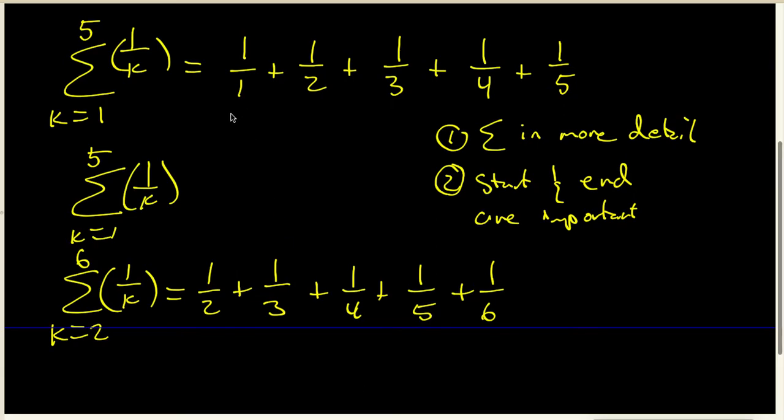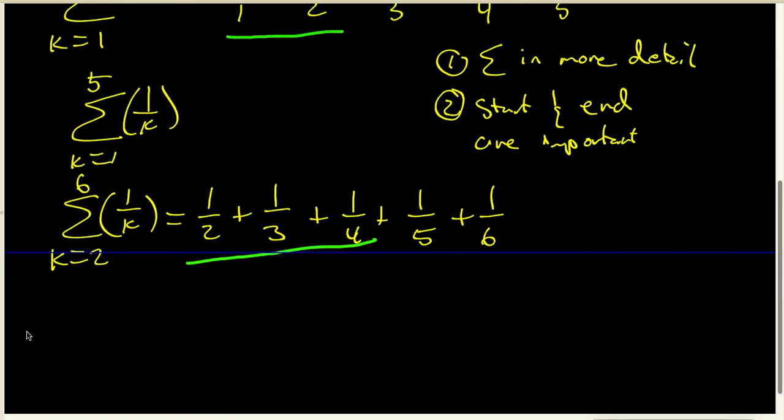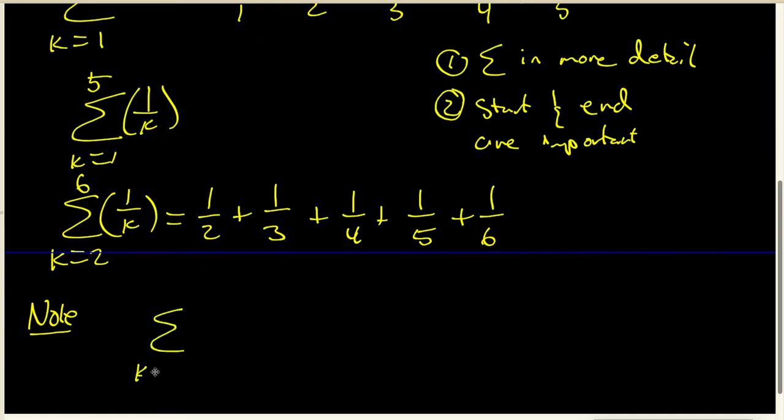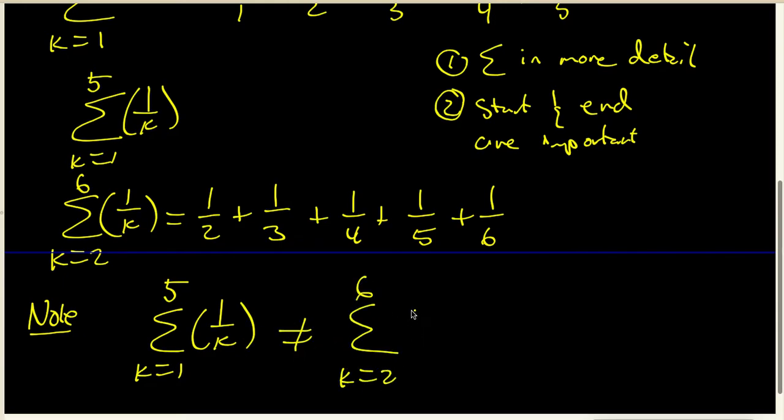Because this sum and this sum are not the same thing, I want to immediately note that the summation as k goes from 1 to 5 of 1 over k is not the same thing as the summation as k goes from 2 to 6 of 1 over k, even though they both have 5 terms.